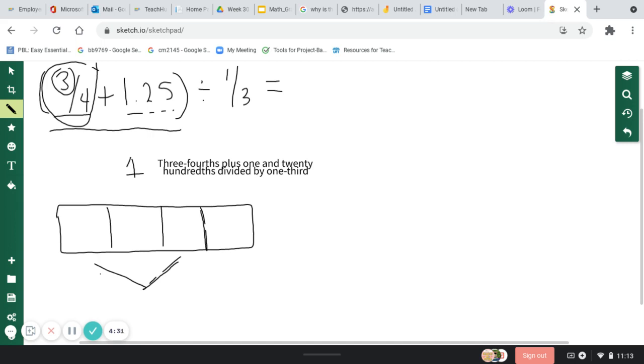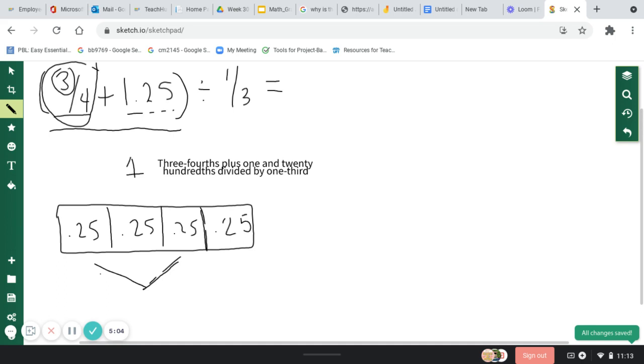So I'm going to think of this as a dollar, right? If I had a dollar and we cut it into 4 equal parts, we have 25 cents, 25 cents, 25 cents, 25 cents.